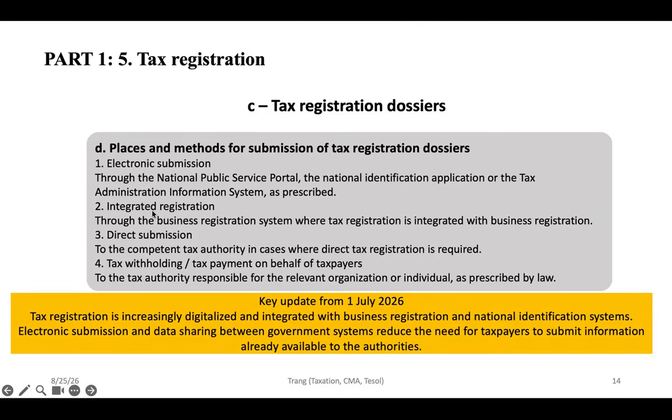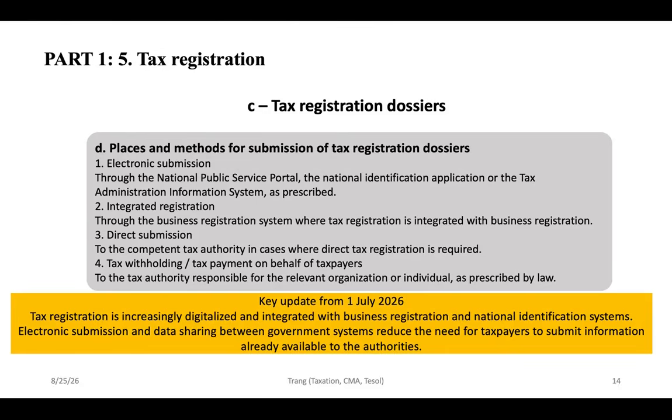Second, there is integrated registration. As we discussed briefly on the last slide, that is done through the business registration system. It automatically combines your business setup and your tax registration into a single, seamless step. Third, we have direct submission. That is a traditional method.